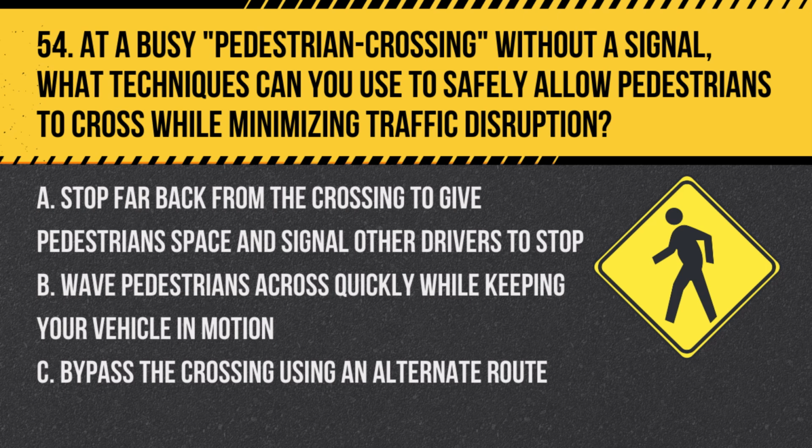C. Bypass the crossing using an alternate route. Answer. A. Stop far back from the crossing to give pedestrians space and signal other drivers to stop. This technique not only ensures pedestrian safety, but also makes it clear to other drivers that they need to stop, thereby minimizing traffic disruption and enhancing safety for all.